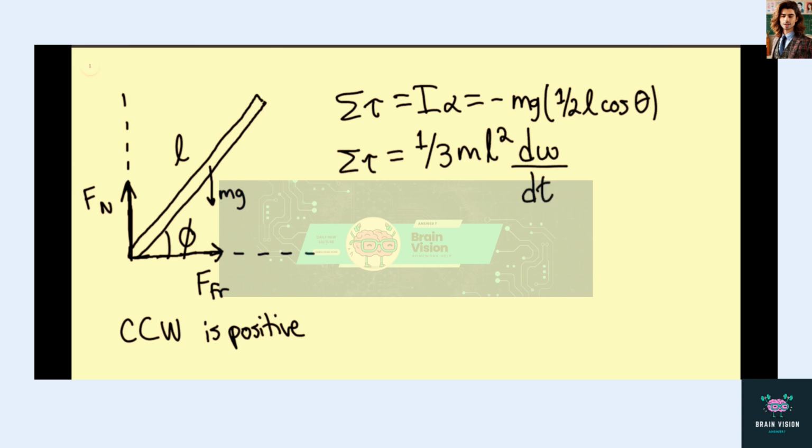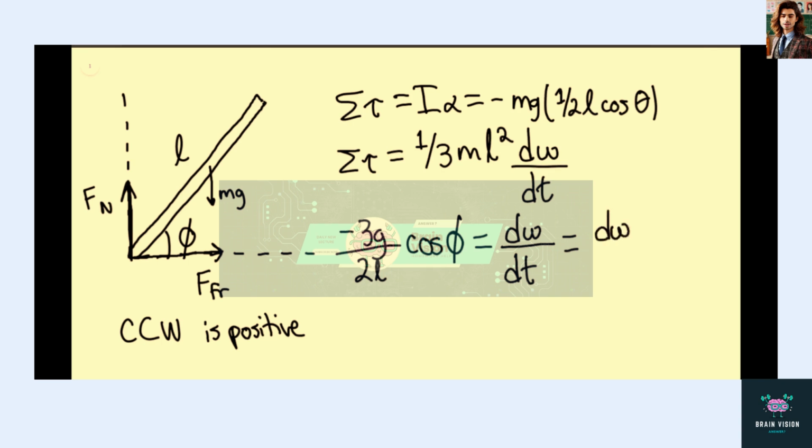We can then say that negative 3g over 2L cosine of phi would equal the derivative of the angular velocity with respect to time. And this would be equal to the derivative of the angular velocity with respect to the angle multiplied by the derivative of the angle with respect to time.